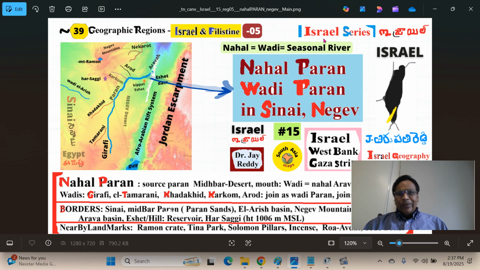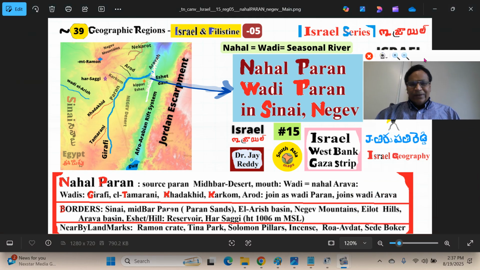Nahal means a Wadi, a seasonal river. This is the Israel, West Bank, Palestine region, and this yellow part is essentially the river basin. So Nahal Paran, the source is the Paran area, the sandy area in the Sinai and Negev regions called Midbar desert.